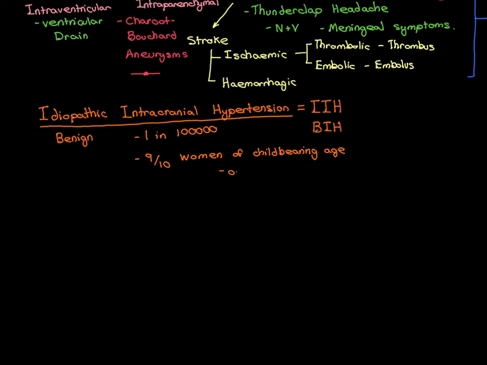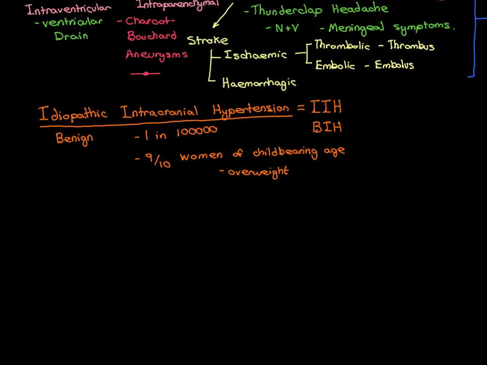So that's the major class of people that idiopathic intracranial hypertension occurs in. So it's extremely rare. 1 in 100,000 people are affected, and 9 in 10 of the cases are usually young women of childbearing age who are overweight.